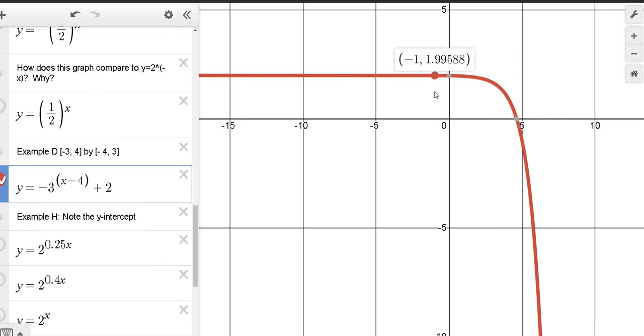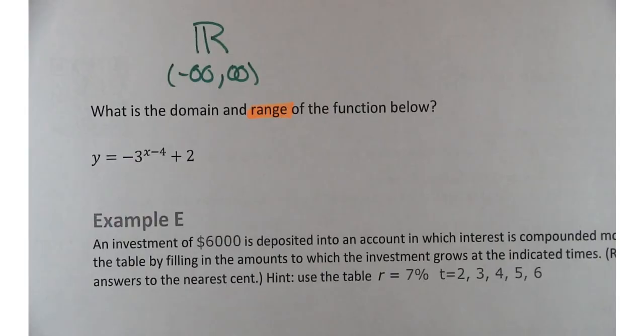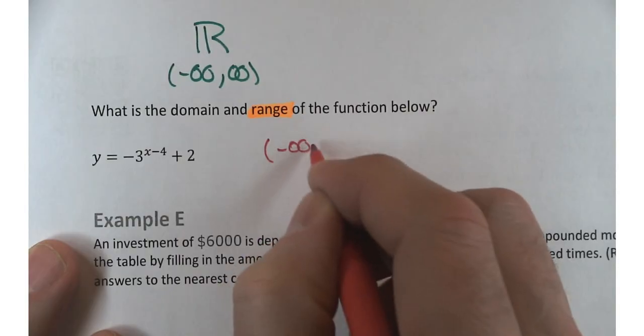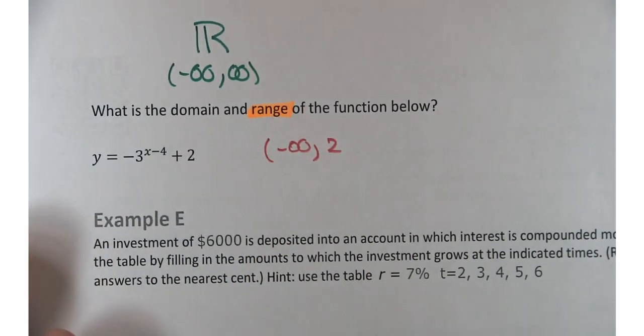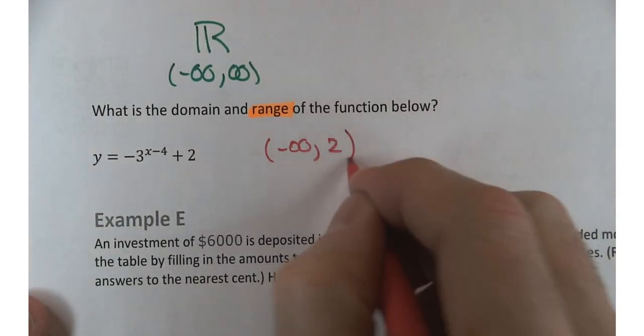Do you think it ever actually gets to 2? No. Decimals might show a 2 there, but that's because it's rounding and getting really close to 2. It actually never quite gets to 2. So the range should be negative infinity to 2, brackets or parenthesis on that? Parenthesis. Nice.